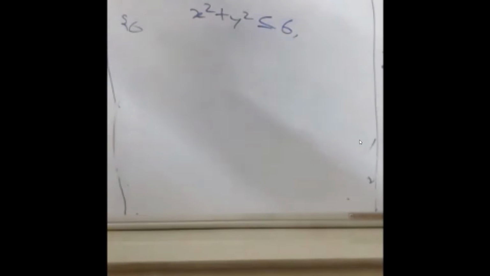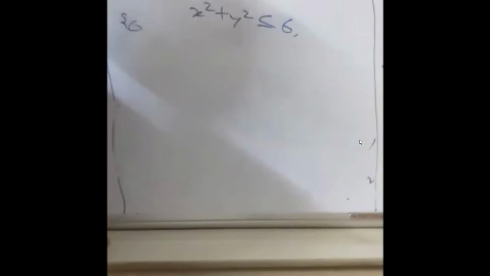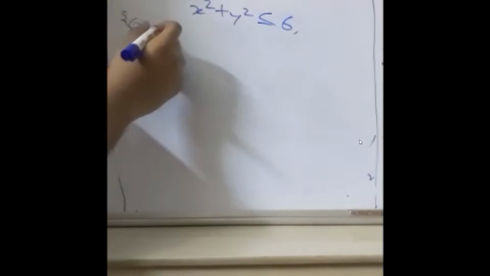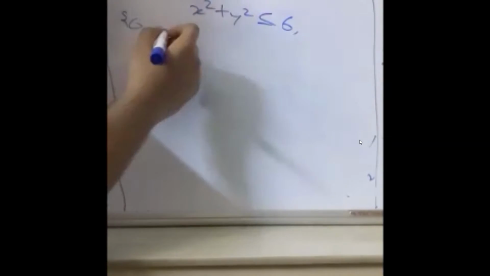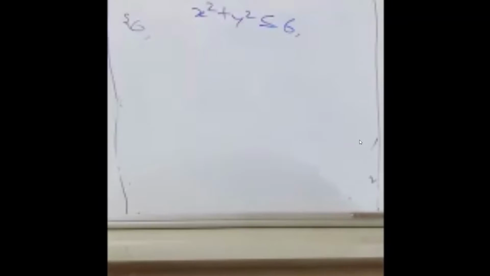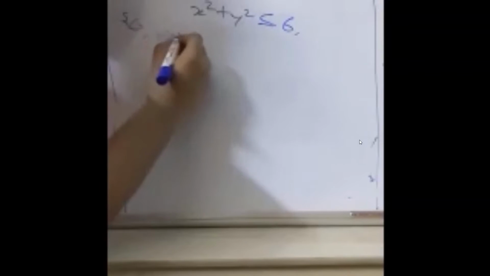So we have x square plus y square less than or equal to 6, and they are non-negative integers. Let's start listing out all the possible combinations. If x is 0, y could be 0 to 2.